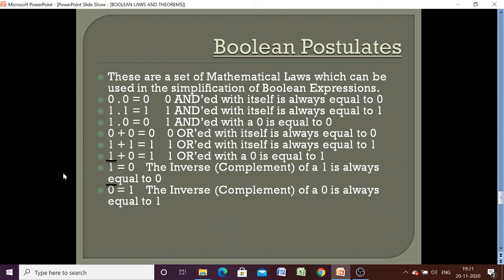So once again, 0 ANDed with 0 is 0, 1 ANDed with 1 is 1, 1 ANDed with 0 is 0, 0 ORed with 0 is 0, 1 ORed with 1 is 1, 1 ORed with 0 is 1, and the complement of 1 is 0 and the complement of 0 is 1. So that's all about the various Boolean laws, postulates and theorems.